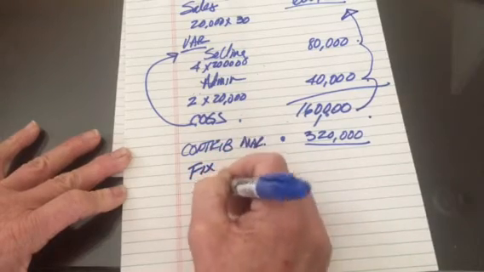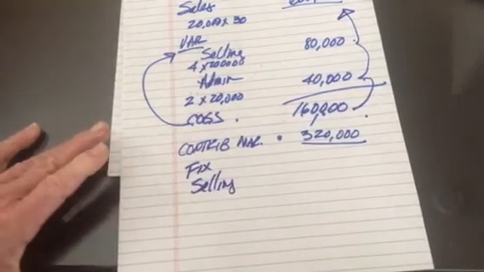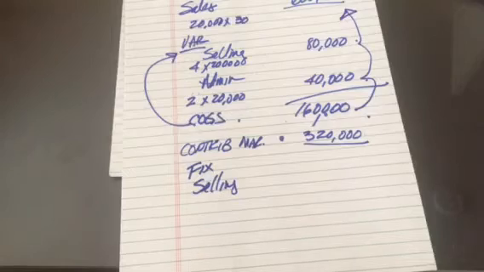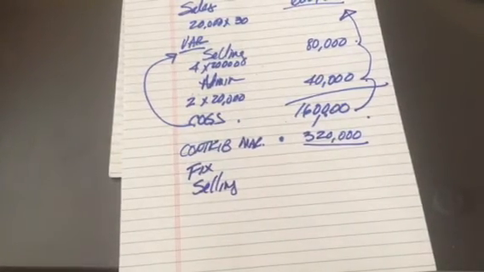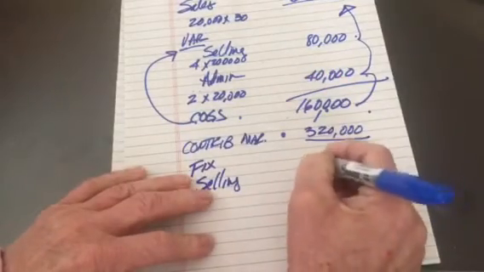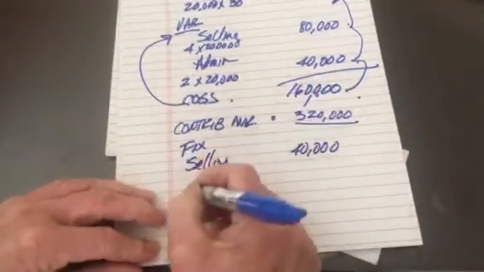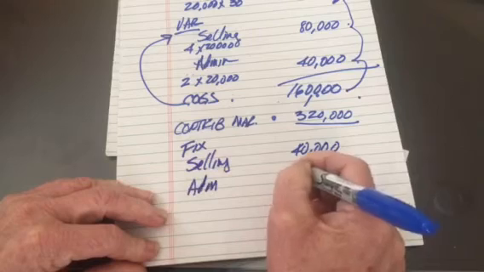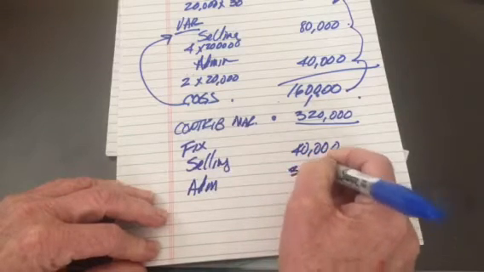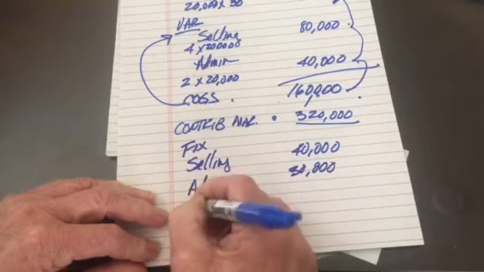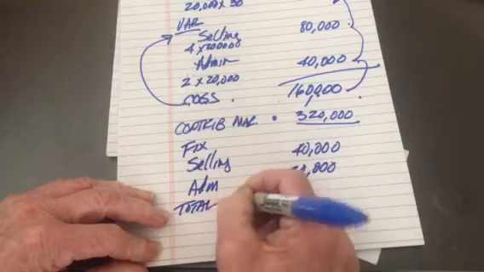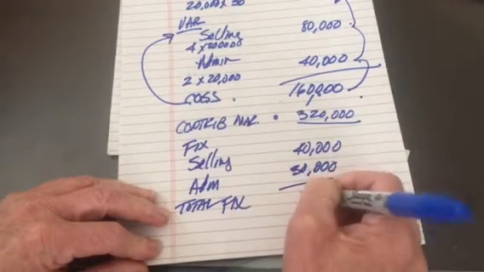So we have a fixed selling portion, which was 40,000. We had a fixed administrative, which was 30,000, giving us total fixed of 70,000.